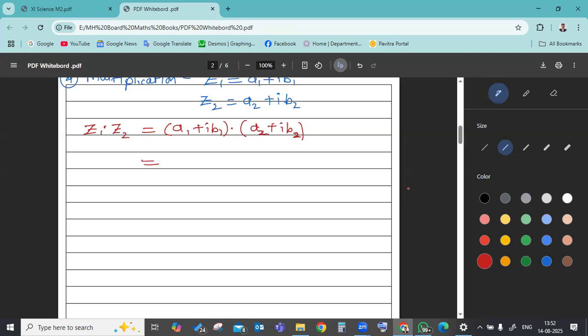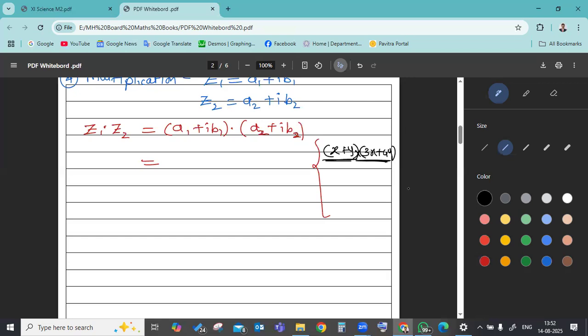Now we will open up these two brackets and multiply, like we did in polynomials, linear and quadratic polynomials, binomial multiplied by binomial. We know how to multiply x plus y into 3x plus 4y. This bracket should be multiplied to this bracket.